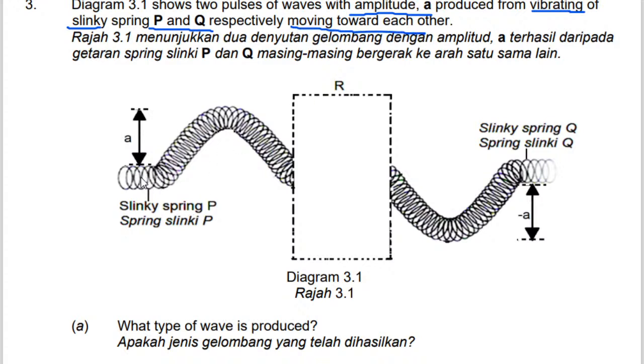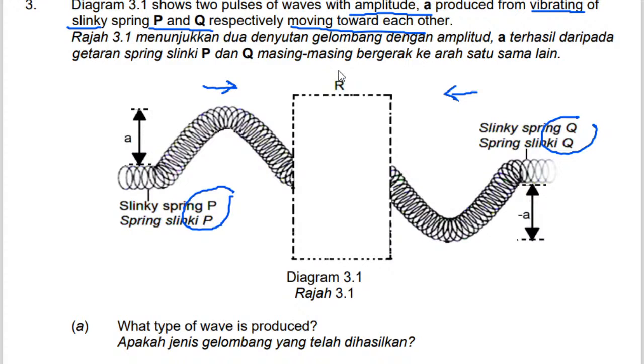So we have slinky spring P here and then slinky spring Q, and the two pulses are moving towards each other. They don't draw the arrow, but you should know that they are moving towards each other.